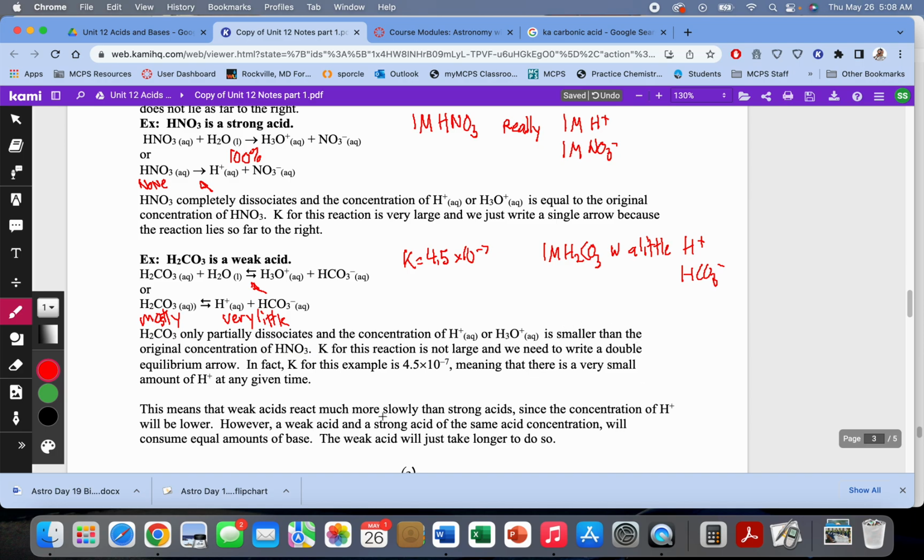Now, it can actually react just as much as 1 molar HNO3. It just takes longer because when I take away some of this H3O plus, right, the reaction will continue to shift right to replace it, right? So it can still react just as much, but it reacts much slower. And so because it has less H plus, the reactions will be slower and the pH will be higher.